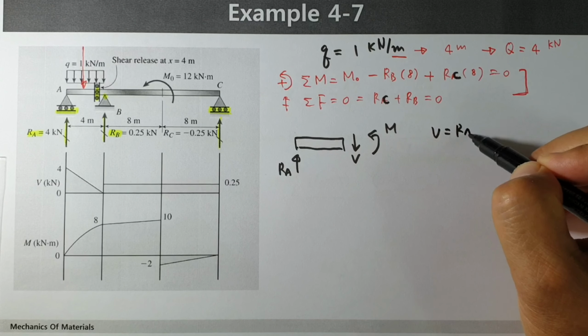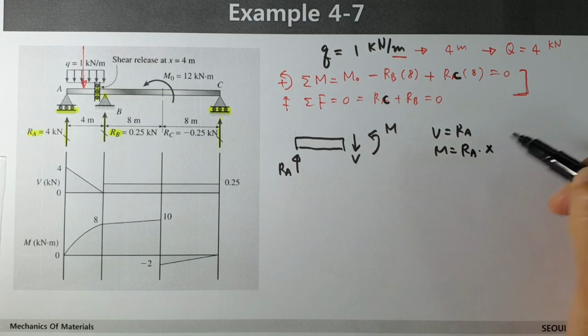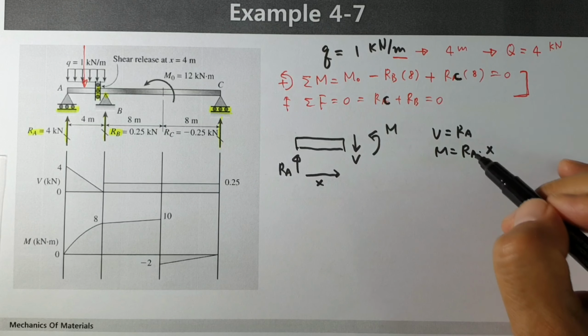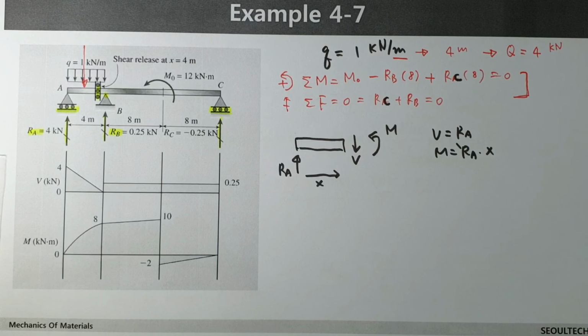RA value. M equals what? RA is multiplied by, let's say this one is X. If you like another direction, then you can put minus value like this one.